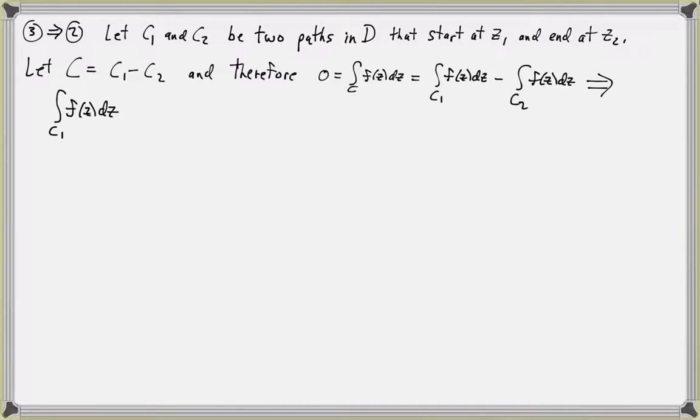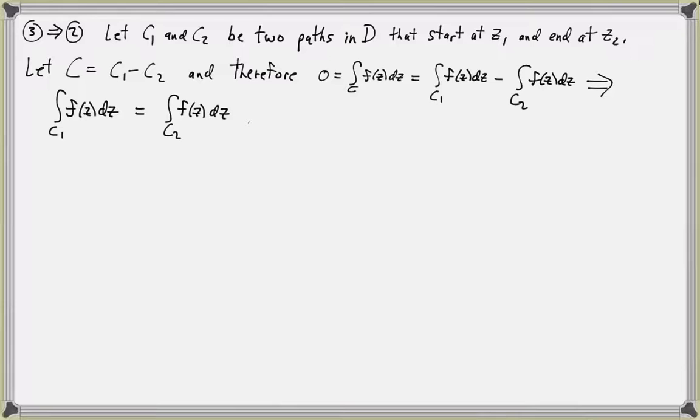If I add the integral of f over C2 to both sides of this equation, we get that the integrals of f over these two paths are equal. So integration over any path starting and stopping at the same points is independent of the path chosen.